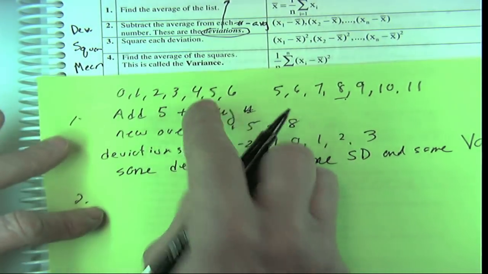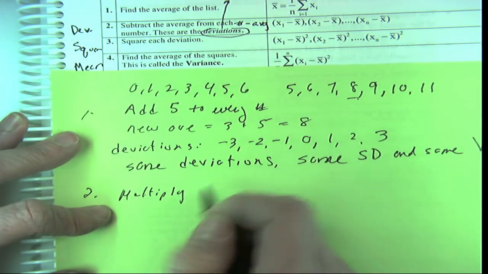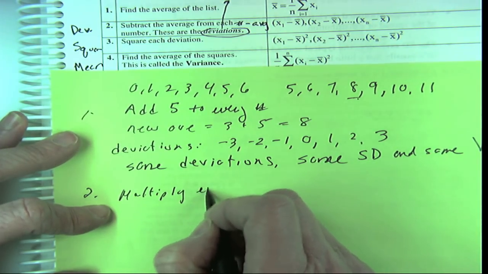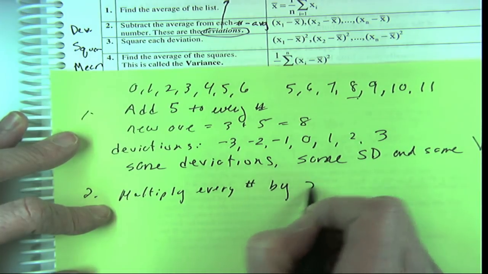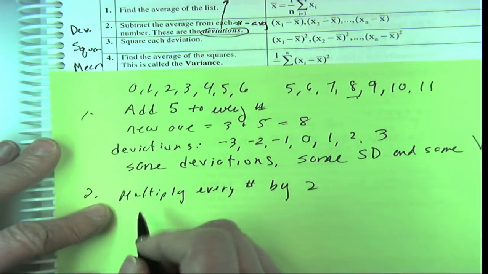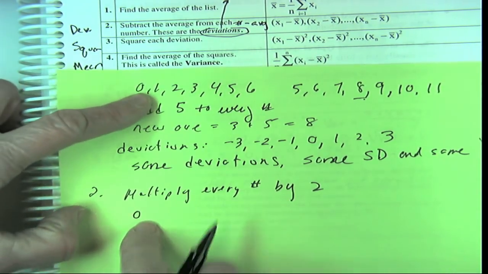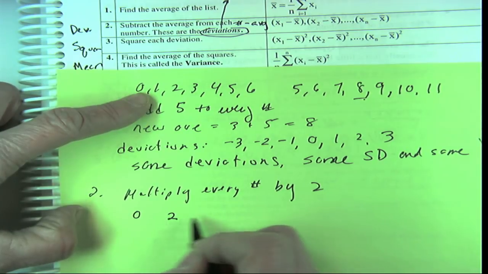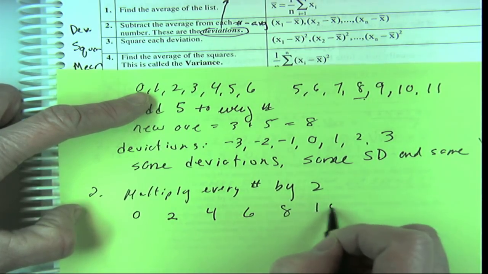Let's multiply every number on this list by 2. So what's going to happen? 0 will stay at 0. Then 2, 4, 6, 8, 10, and 12.